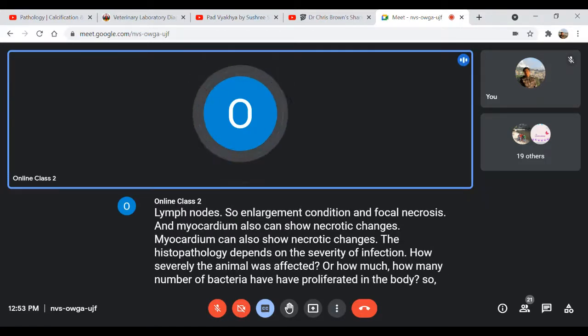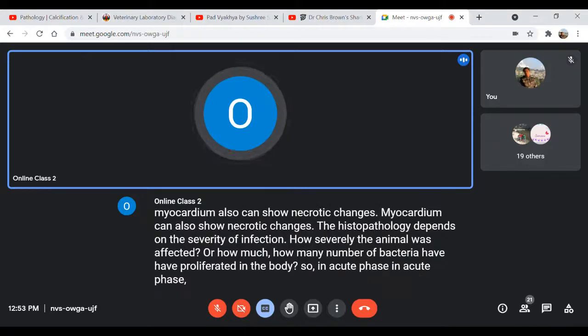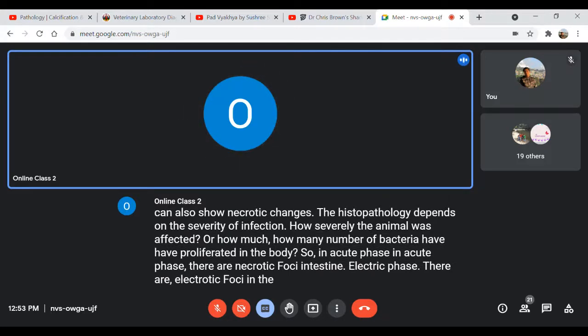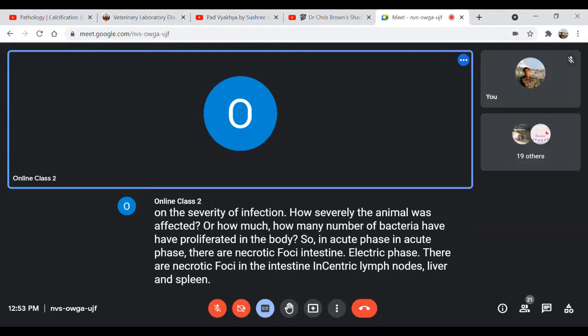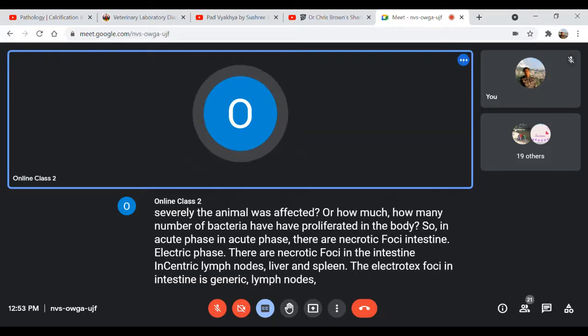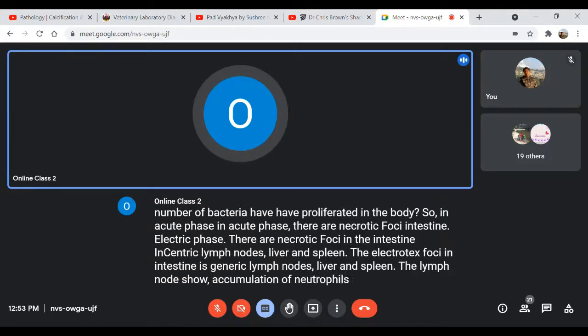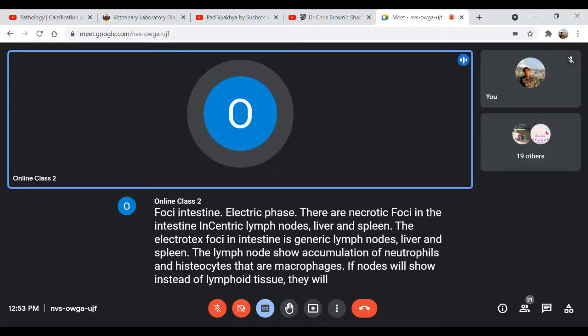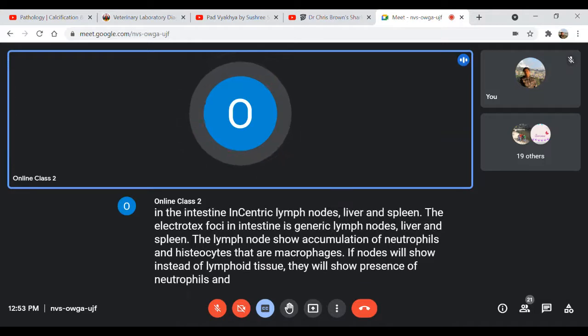So in acute phase, there are necrotic foci in the intestine, mesenteric lymph nodes, liver, and spleen. The lymph nodes show accumulation of neutrophils and histiocytes, that is macrophages. Lymph nodes will show, instead of lymphoid tissue, the presence of neutrophils and histiocytes.